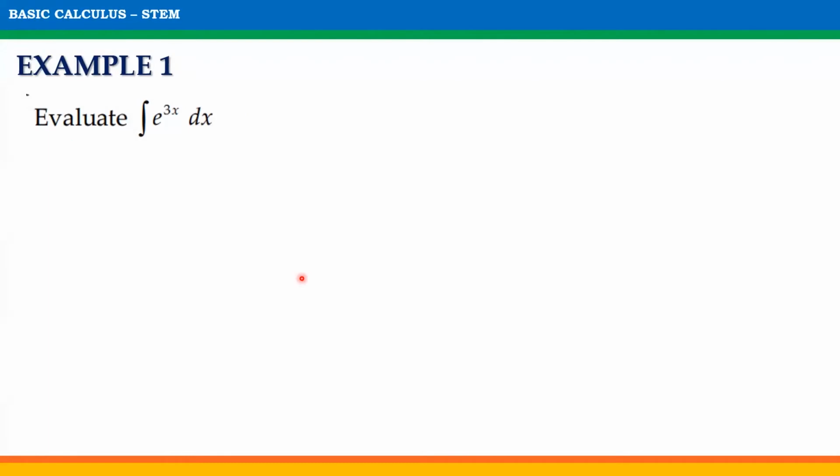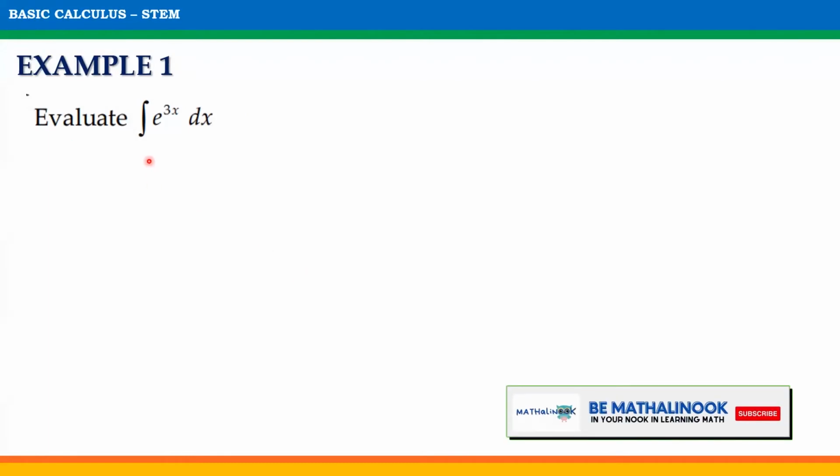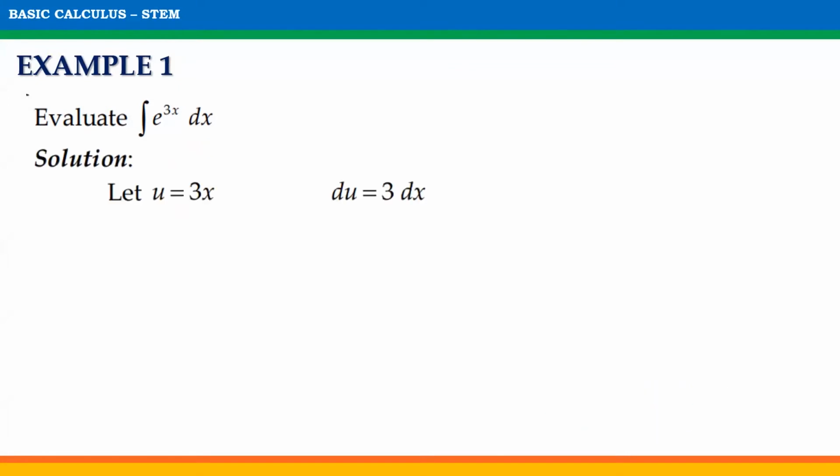Let us take this example. Evaluate the indefinite integral of e raised to 3x with respect to x. Remember that we will be using anti-differentiation by substitution. Thus, let u be equal to 3x. When we get the derivative of u, which is du, the derivative of 3x is equal to 3 with respect to x.